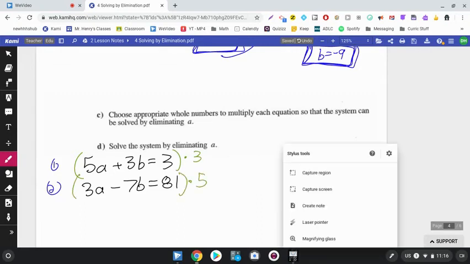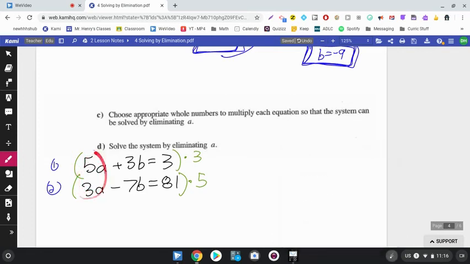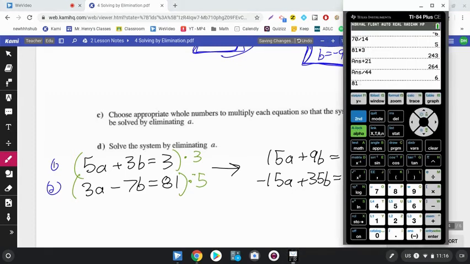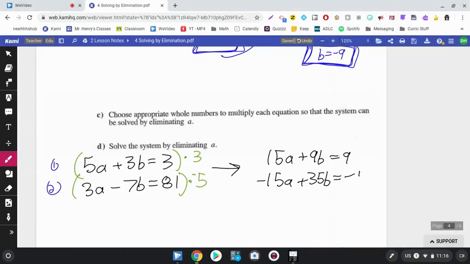Right now they're the same sign, both positive. I want one of them to be positive 15 and one to be negative 15. So I'll change the bottom one and multiply by negative 5 instead. That gives me 15a plus 9b equals 9, and negative 15a plus 35b equals negative 81 times 5, which is 405.